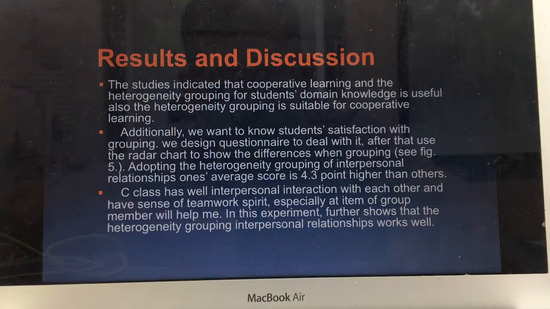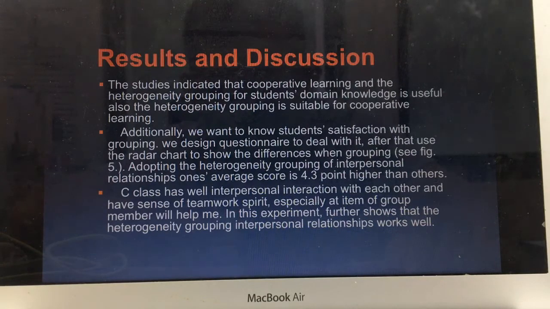Additionally, we want to know student satisfaction with grouping. We designed a questionnaire to deal with it. We can see that the average score is 4.3, higher than the others.